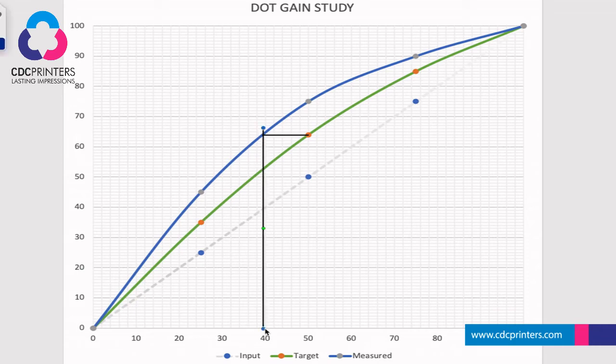We can see that if the input was 40%, instead of our printing machine printing as per standard, which is around 53, it would have printed 64. So we have to do a find and replace of all 50% dot and replace it to 40%. And similarly, we need to do it for all dot percentages and for all colors.